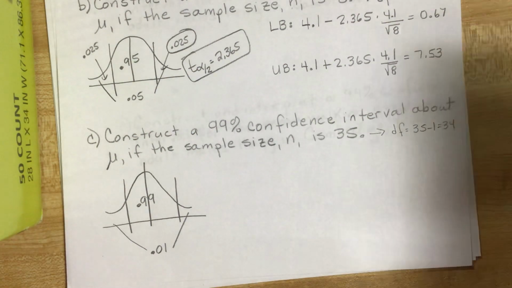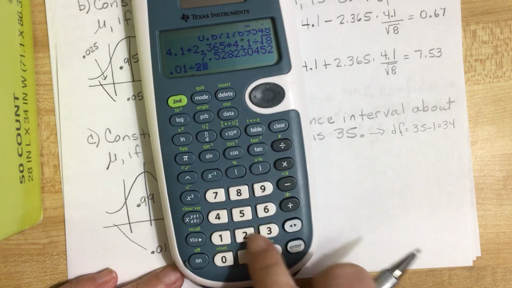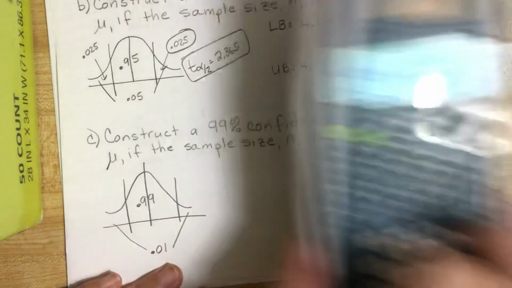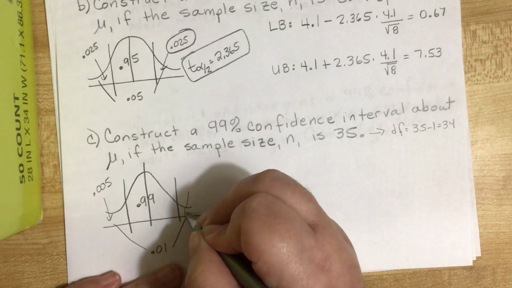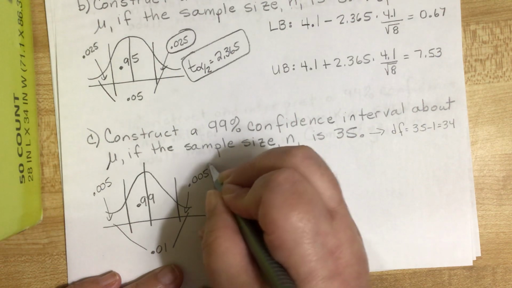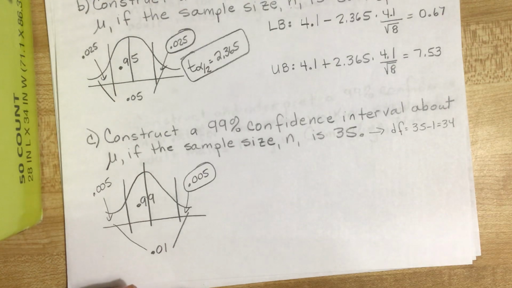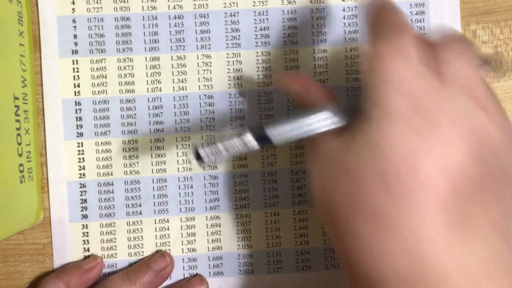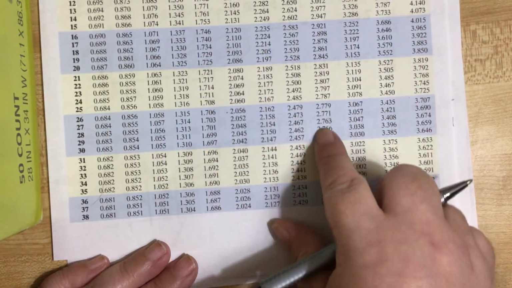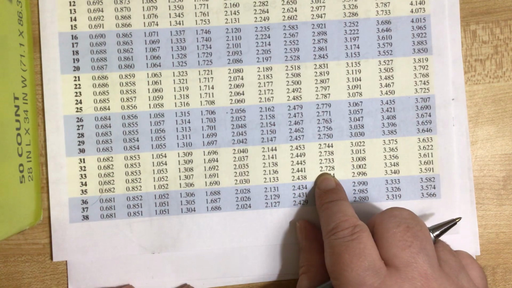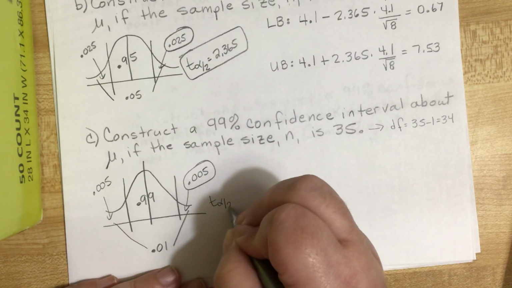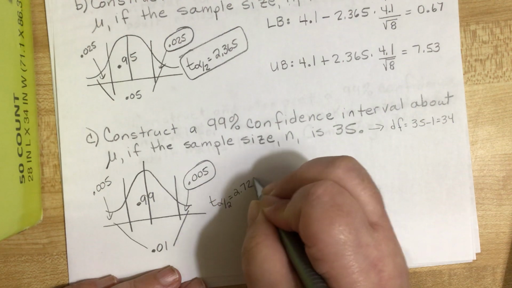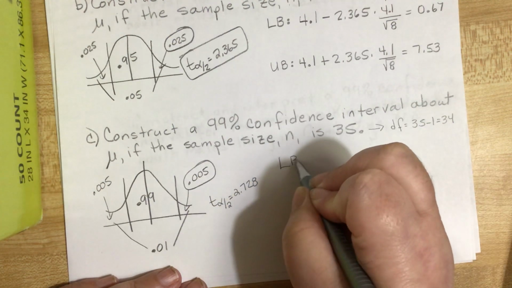And if you divide 0.01 divided by 2, you're going to get 0.005. So that tells me that I've got 0.005 in each tail. So that is my area, 0.005 with degrees of freedom 34. 0.005 degrees of freedom 34 gives me 2.728. So that is my T alpha over 2 value, 2.728.